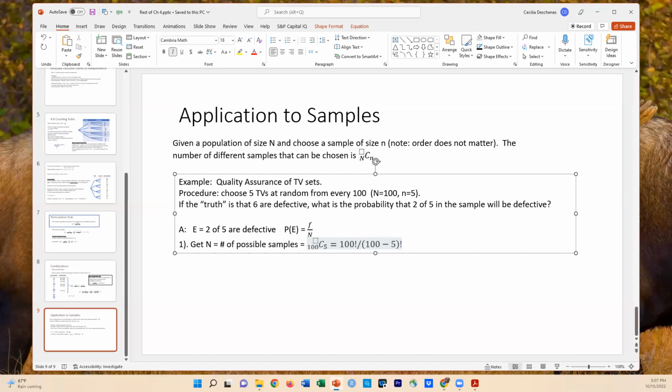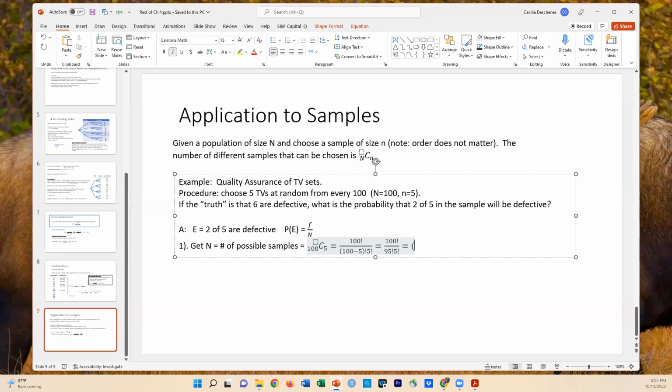I have to add the extra parentheses to do this in this math equation editor. 5 factorial. All right, so that's just going to be 100 factorial divided by 95 factorial times 5 factorial. And you can put this in your calculator, or if your calculator blows up, you may have to simplify it down.